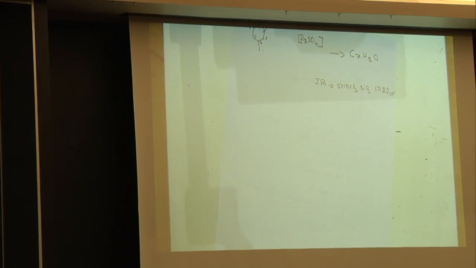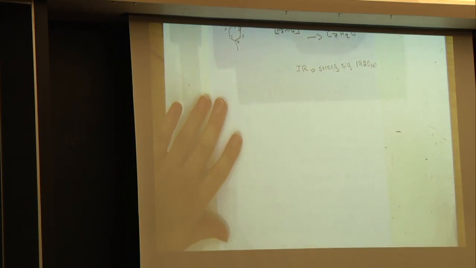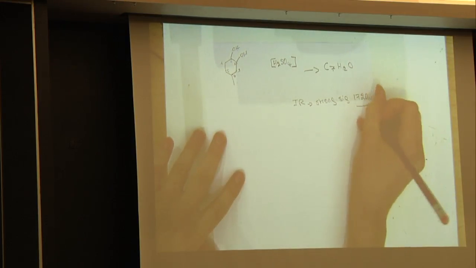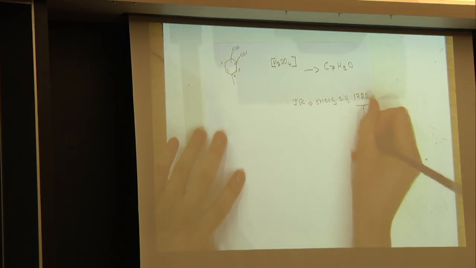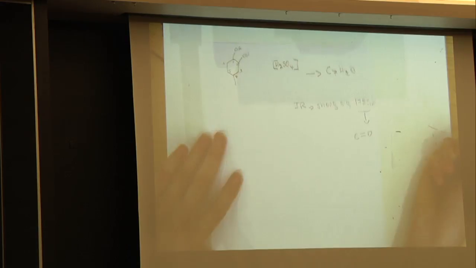And for 2 hydrogens that I'm missing, it's 1 in the hydrogen deficiency index. If I'm missing 4, my hydrogen deficiency is 2, and so on. Okay, so I have a strong signal here. To me, this is obviously indicative of a carbonyl group.